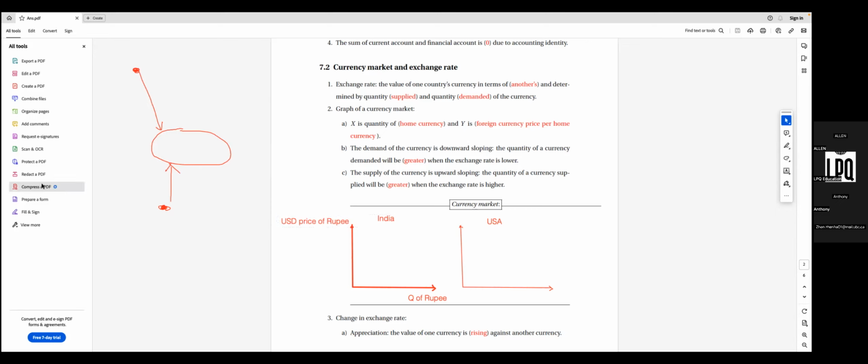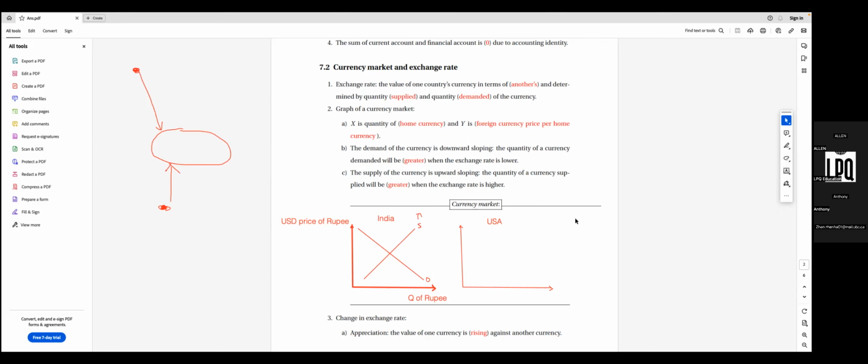Let's add a supply curve and a demand curve. As a next question, who is the supply side and who is the demand side in the Indian market? Who supplies Indian rupees into this market? Naturally, the supply curve, most likely they are Indians.